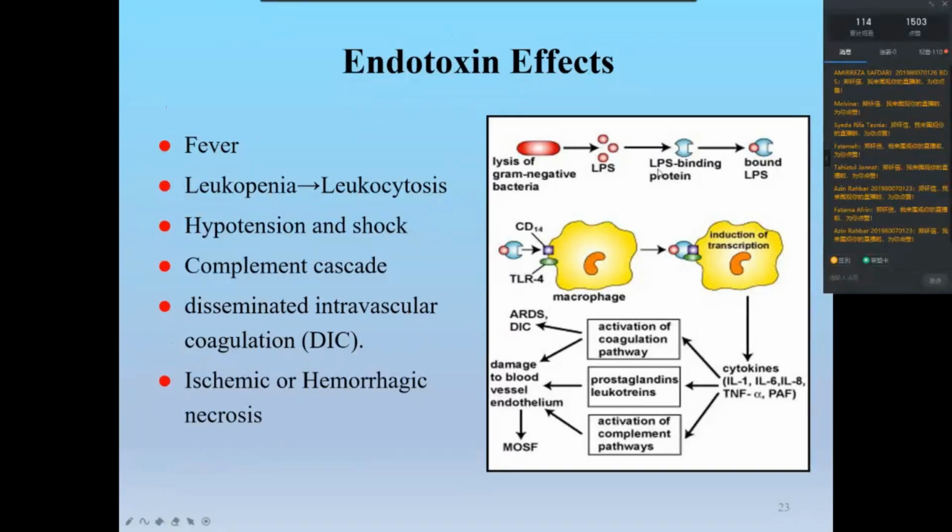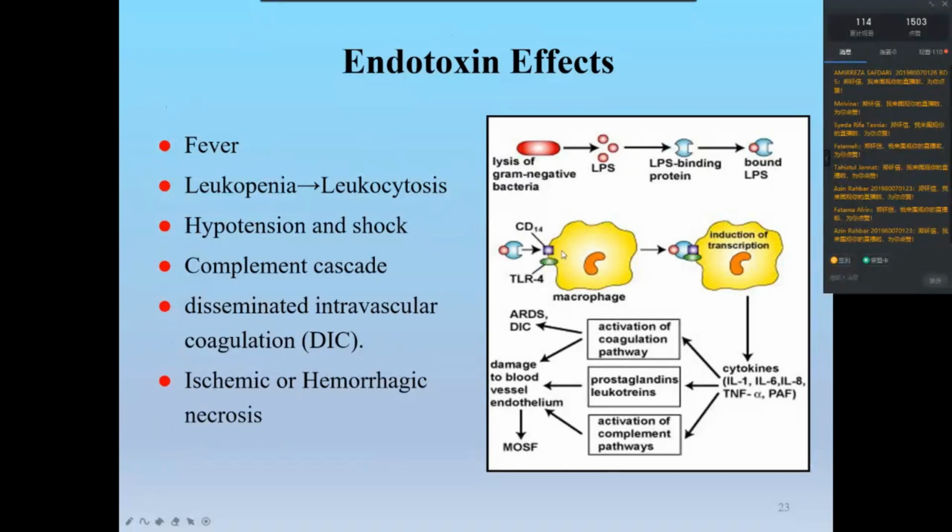LPS molecules first bind to the LPS binding protein. This is the human protein. And this protein will carry the LPS molecule to the host cell and be recognized by CD14 and Toll-like receptor 4.